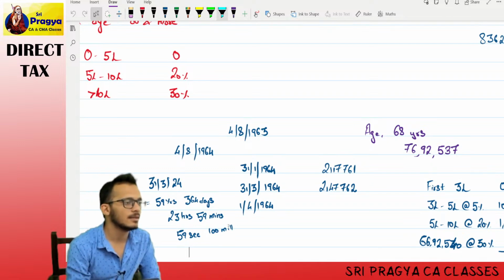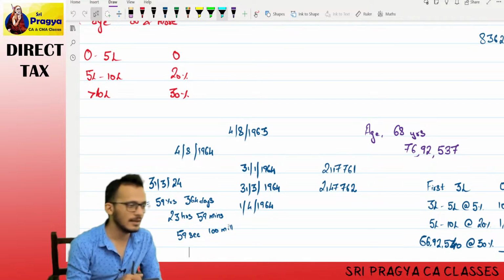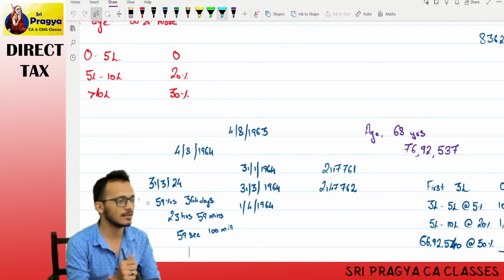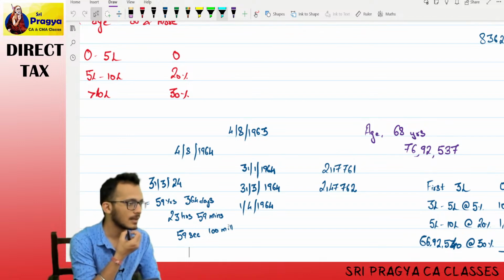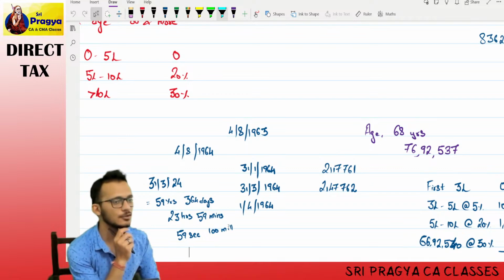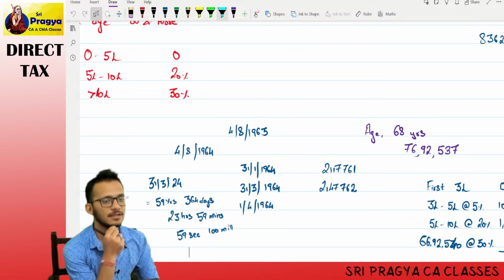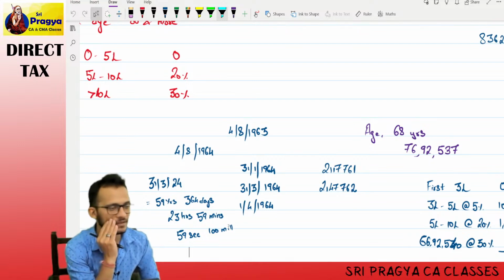Therefore, income tax launched a circular, and they clarified that if a person is born on 1st April, he is assumed to have cleared the age on 31st itself, which means he will become a senior citizen.